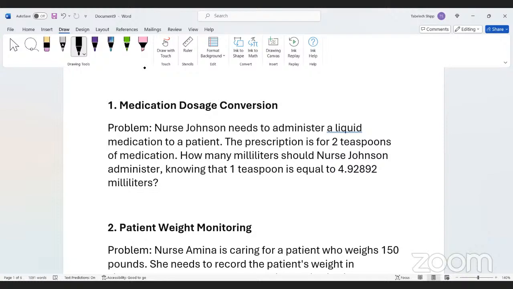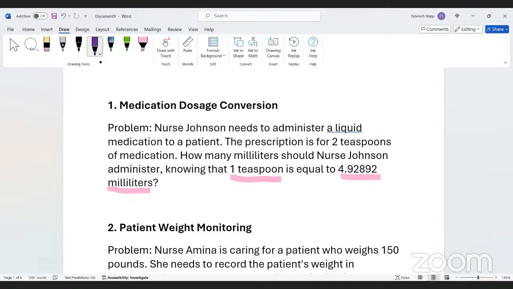The prescription is for 2 teaspoons of medication. How many milliliters should Nurse Johnson administer, knowing that 1 teaspoon equals 4.92892 milliliters?